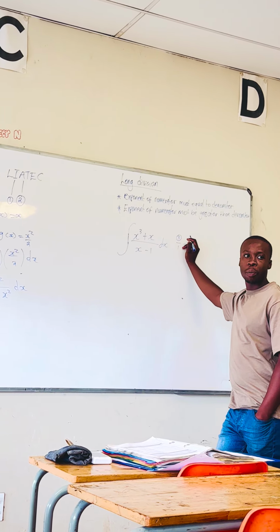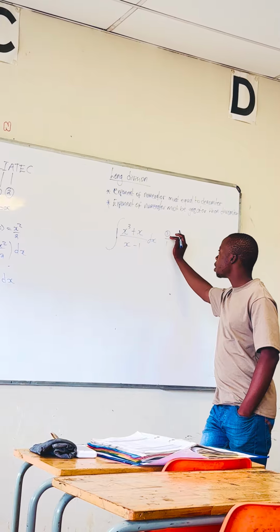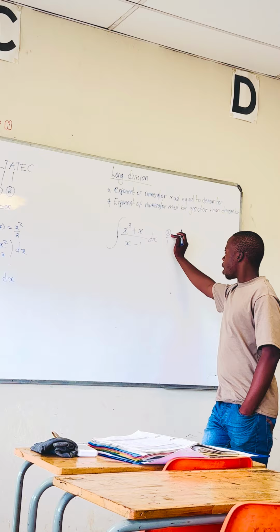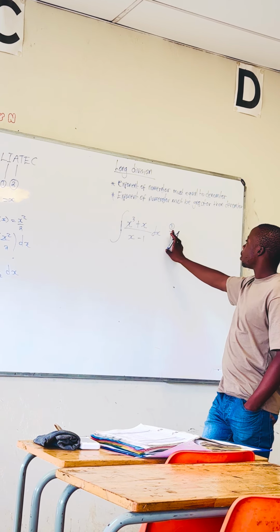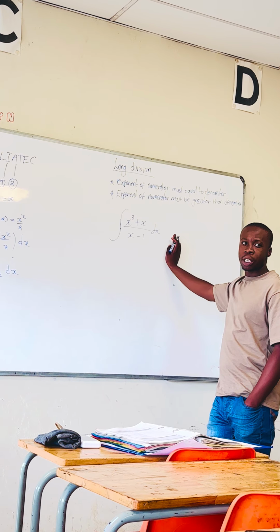So this we call improper. The moment the numerator has a higher degree than the denominator, you know you must use long division. Or maybe the exponents are the same.